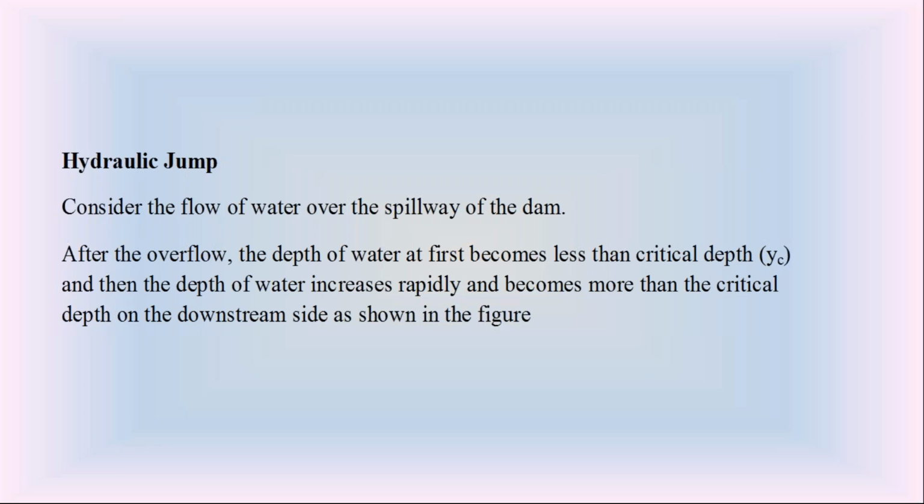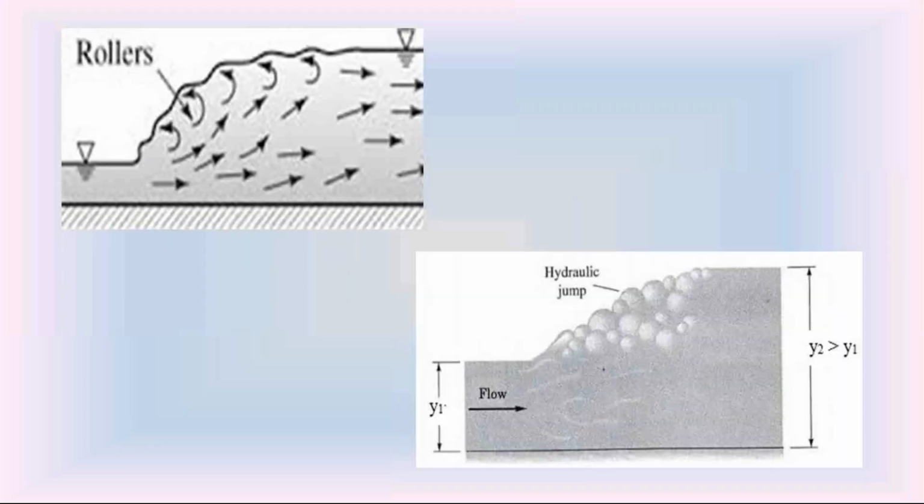So at the bottom of the spillway, check this diagram please. At the bottom of the spillway, you can observe this diagram. Here the depth of flow is less. Y1 is less than Yc. Since this depth of flow Y1 is less than Yc, in this portion, the water is in supercritical condition. But over a short length of travel, the depth of flow increases rapidly and reaches Y2.